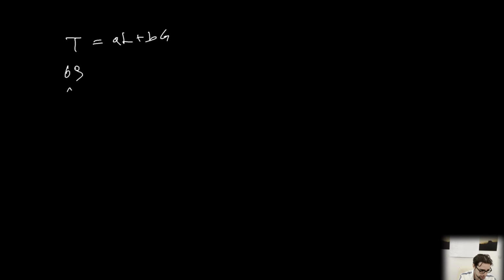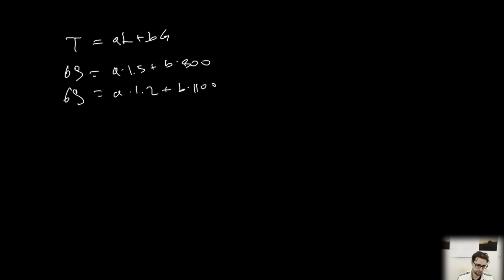So we have 69 twice. It is going to take a times 1.5 plus b times 800, and it's also a times 1.2 plus b times 1100. So you can solve this system of equations in many different ways.